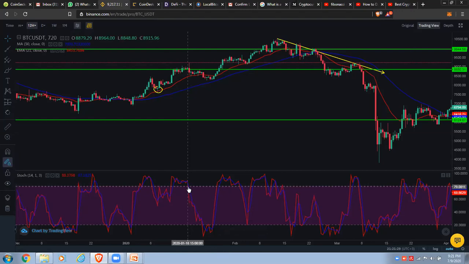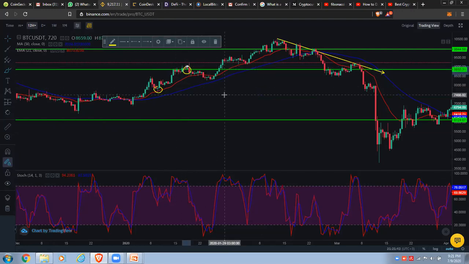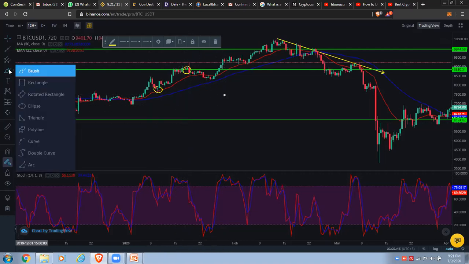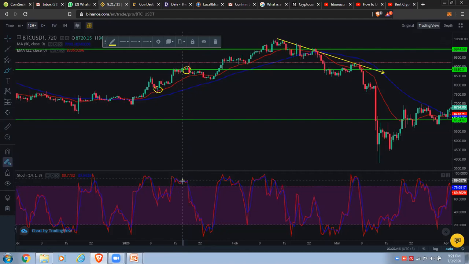I would sell at that position. So I would sell here, around that area, because on my stochastics, I've also captured this area. It's the same area.